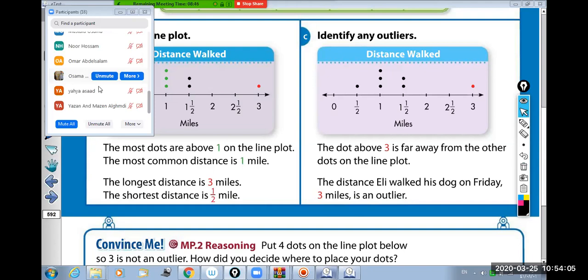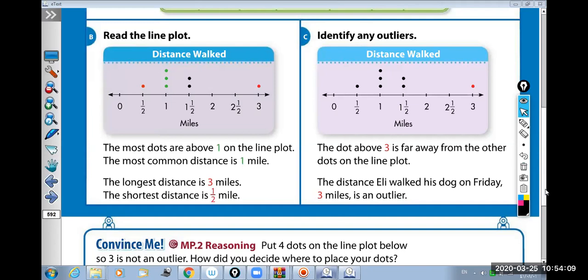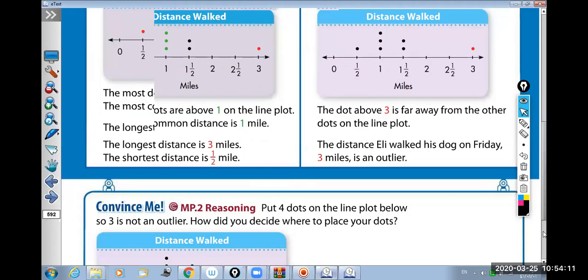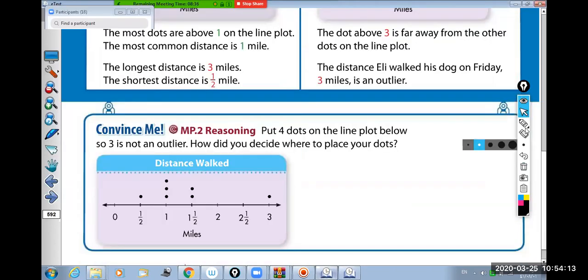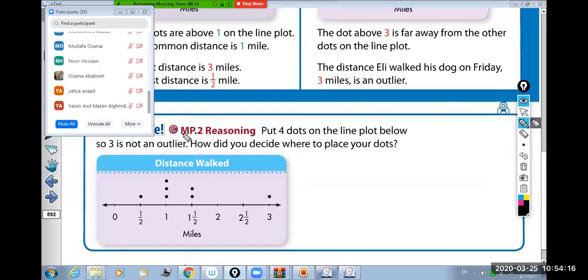Omar Abdul Salam, here this is the same graph. What do you imagine? What is the outlier here?